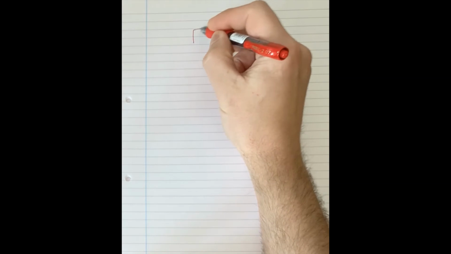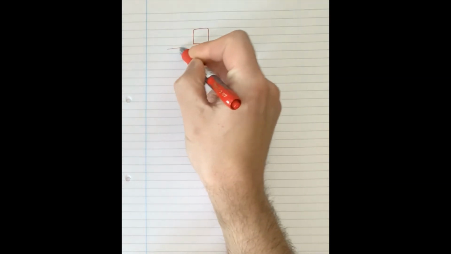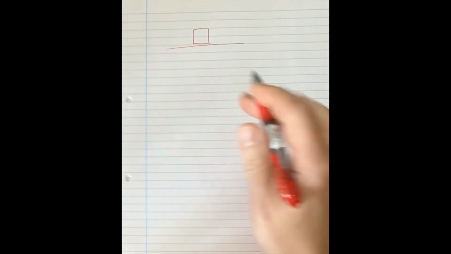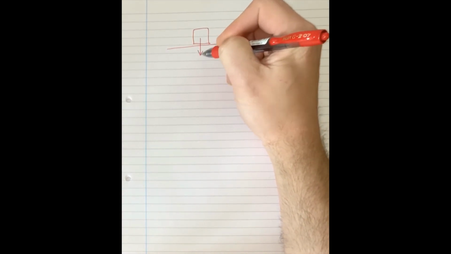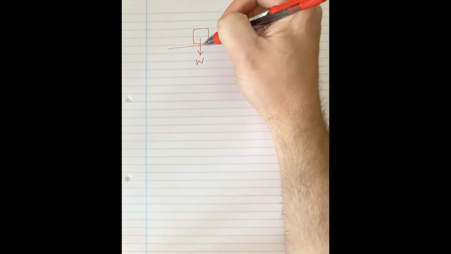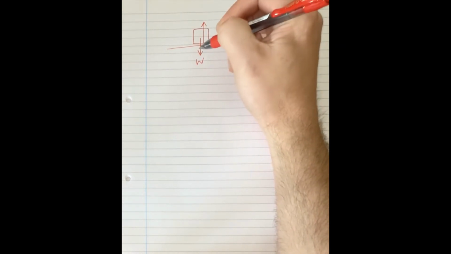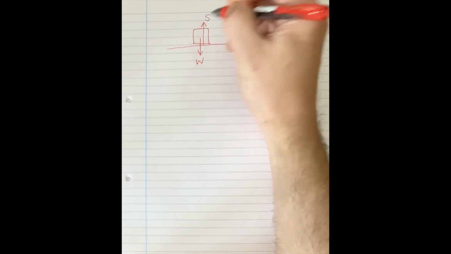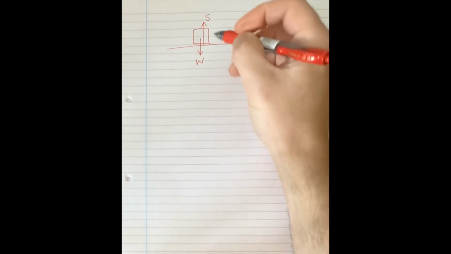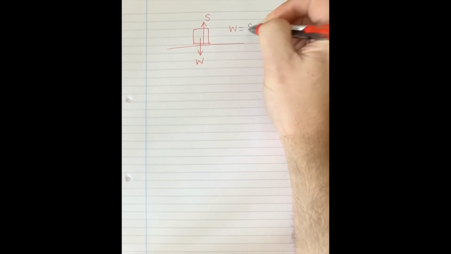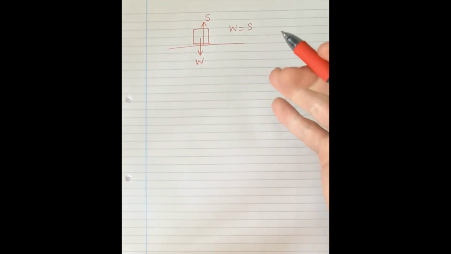Okay, so what that means is, for instance, if I have a box on a table, okay, and that box is stationary, there are forces acting on it. You have the weight of the box, but that is balanced with an equal and opposite force, which we could call the normal contact force or support force. I'll put S for support. And so when the weight is equal to the support, there is no resultant force.